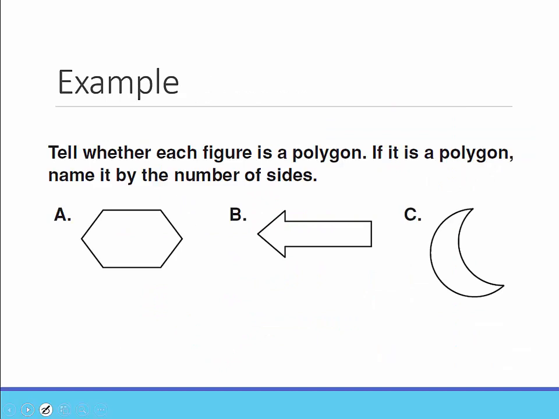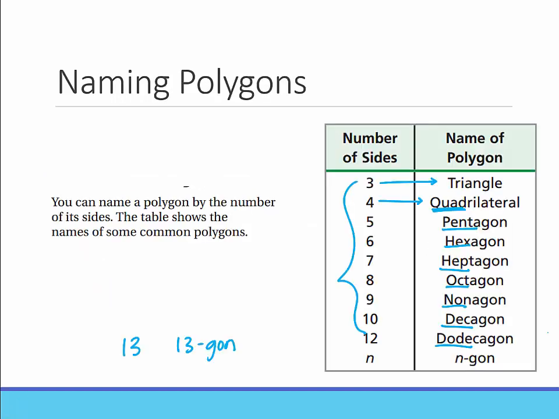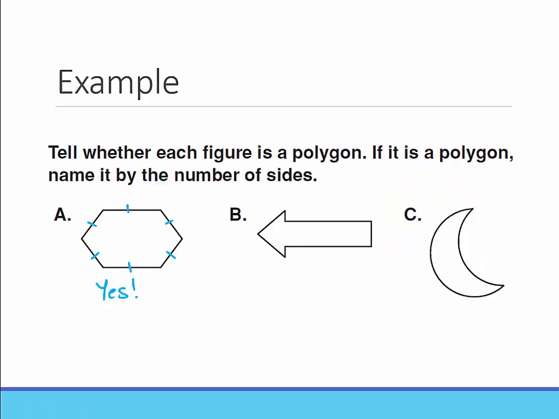So if we look at this one, we have a closed-in figure bound by several sides. This one is a polygon. And it's bound by 1, 2, 3, 4, 5, 6. So if we go back to this, 6 is a hexagon. If we look at this, same thing, it's closed in and all of our lines are straight.